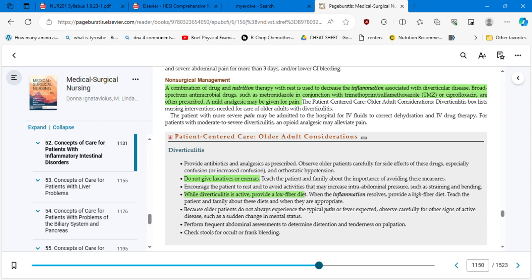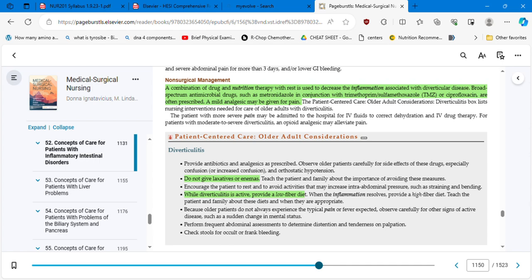Broad-spectrum antimicrobial drugs such as metronidazole in conjunction with trimethoprim-sulfamethoxazole, TMP-SMX. It's so difficult to pronounce that. Sulfamethoxazole, or ciprofloxacin are often prescribed. Ciprofloxacin is more commonly known as Cipro, right? A mild analgesic may be given for pain.